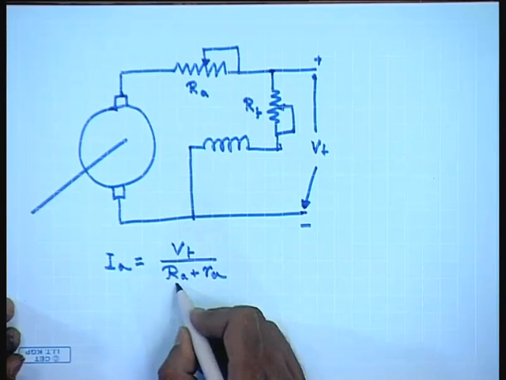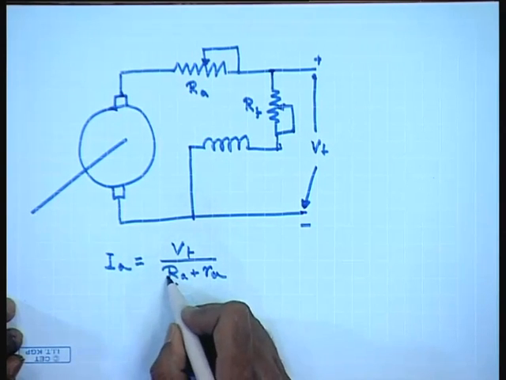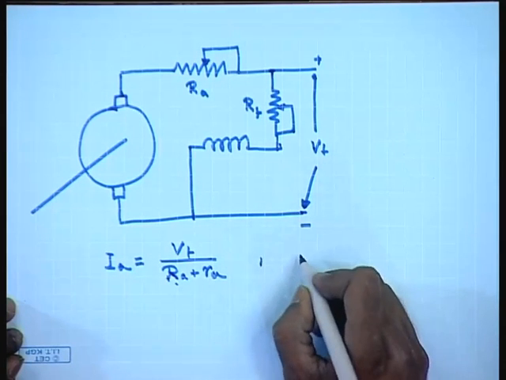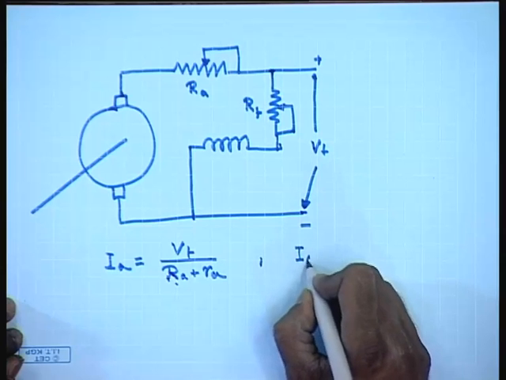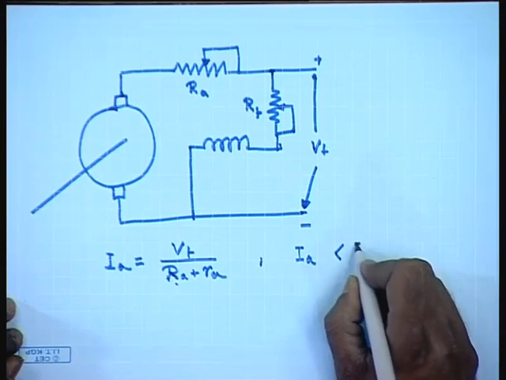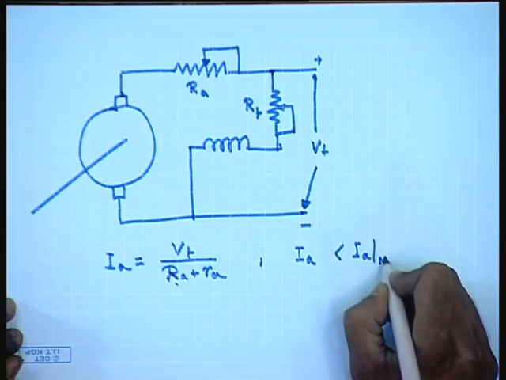So, by choosing an appropriate value of Ra, we can restrict Ia less than the Ia max.